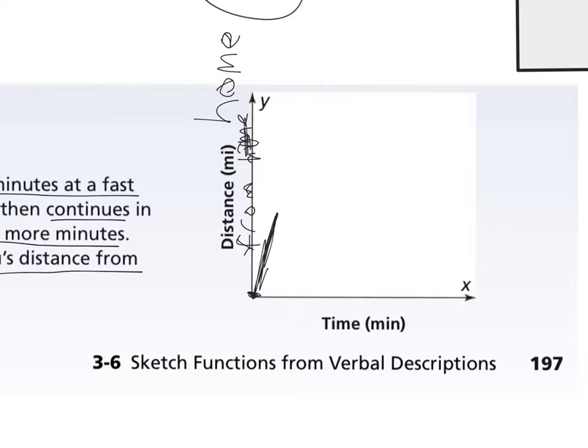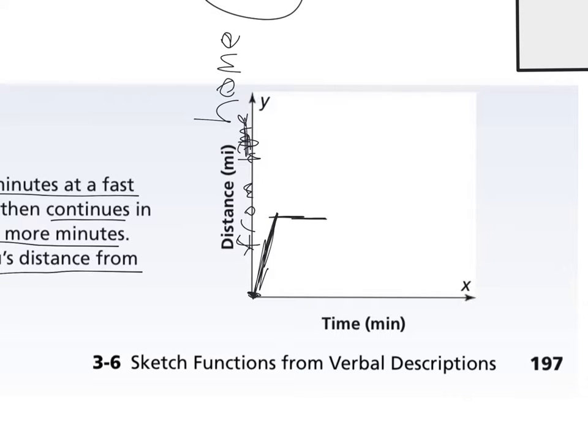Does that make sense? Okay, and then he stops to rest. So if he stops to rest, this is the distance from home. Okay? If he's stopping to rest, what's going to be happening with his distance from home? Okay? So what should I do with my line here?